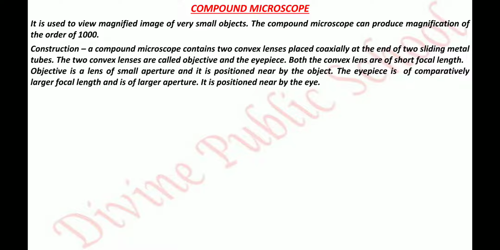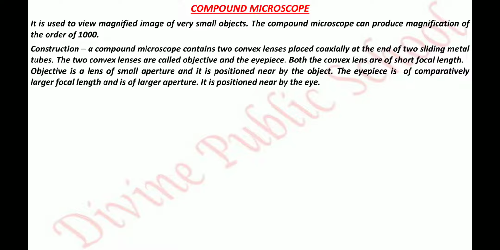Now, one more thing. The aperture of the eyepiece is greater than the aperture of the objective. Why is it done so? Because the compound microscope is used to view images of very small objects, so we need more light for making the image.